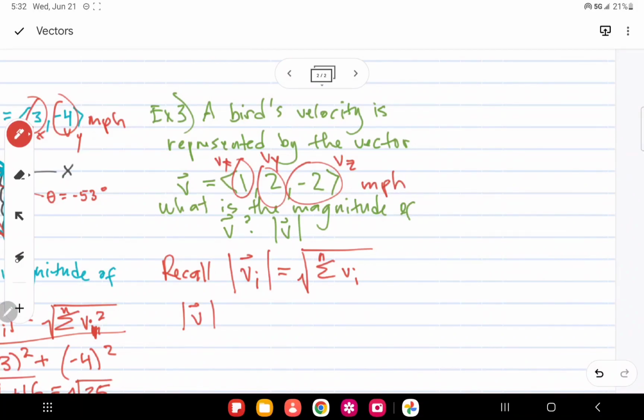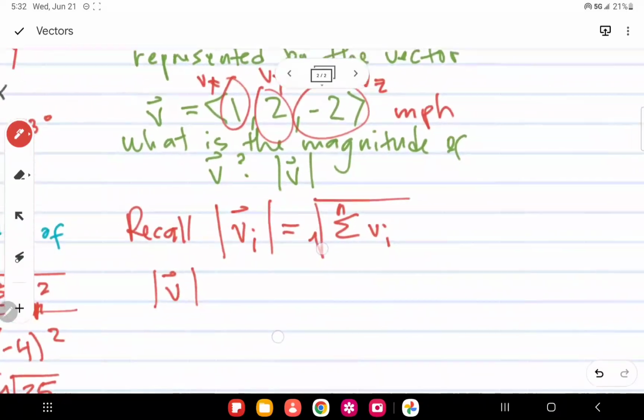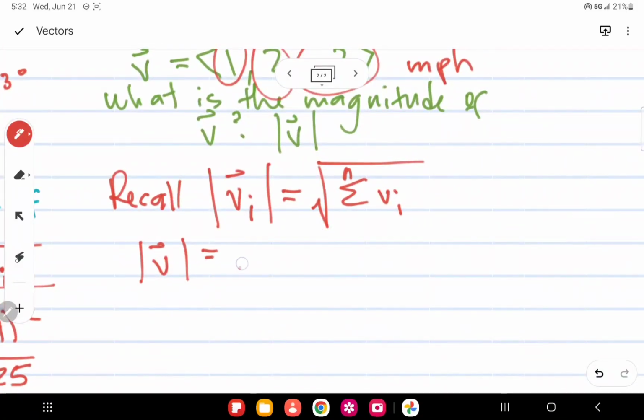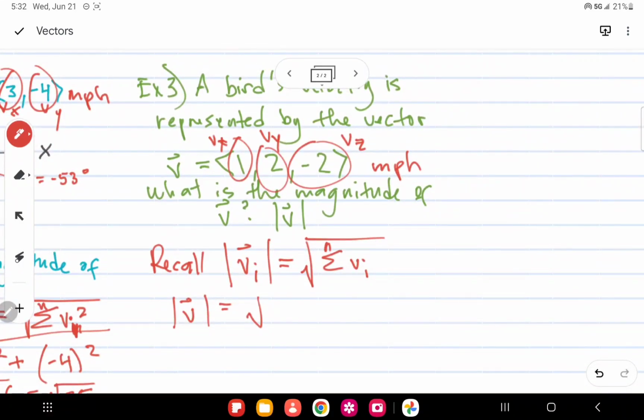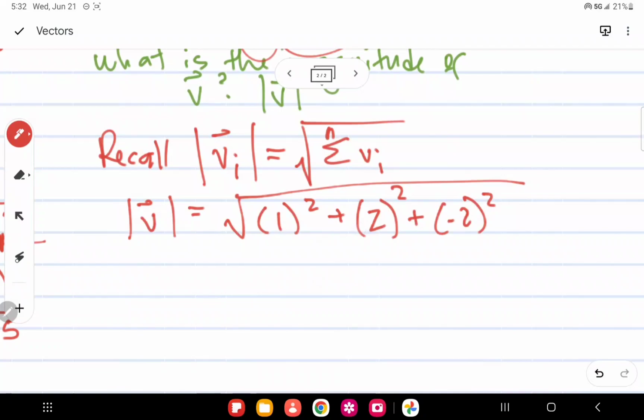The bird is going 1, 2, -2 miles per hour in 3 dimensions, will be the square root of the square of 1 plus the square of Vy, or 2, plus the square of -2. Don't forget to put the negative number in parentheses to avoid any negative confusions.